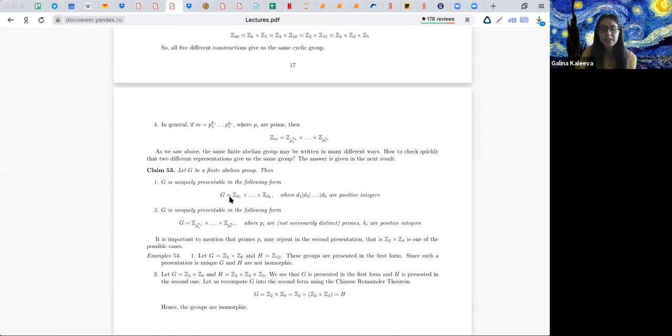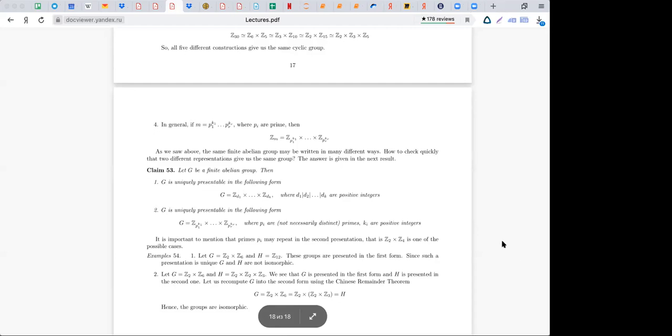And the next type of representation is here, where the order of each group divides the next order. Do you remember this claim and this result? Yes. Okay, thank you.